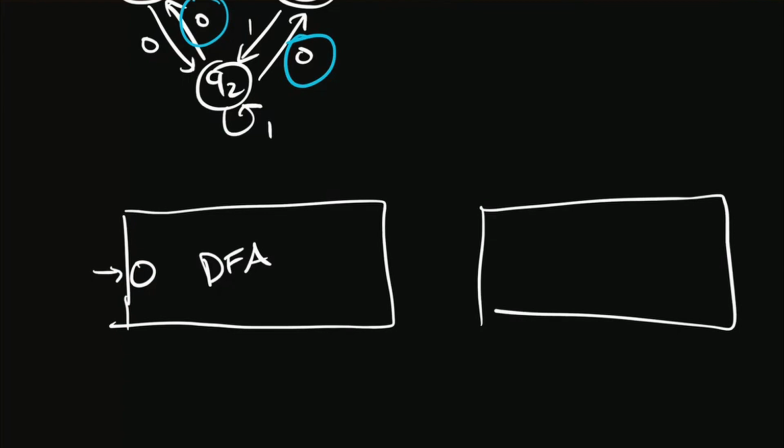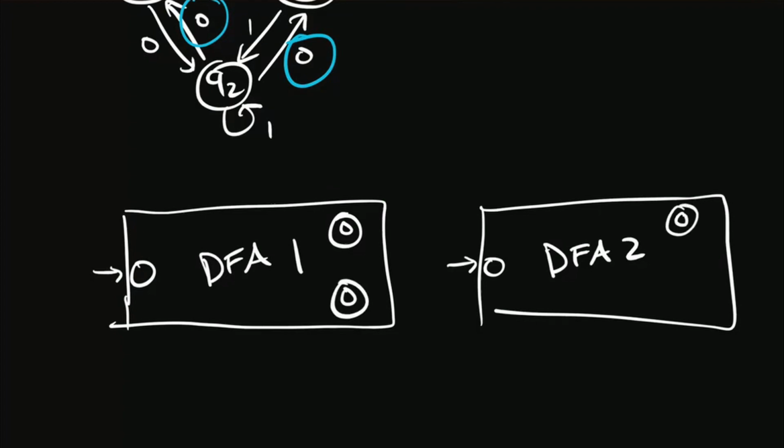Not necessarily to show that regular languages are closed under concatenation, but we can make an NFA for the concatenation. So let's say we have DFA1 over here and DFA2 over here. They can be NFAs, but it doesn't matter. Each of them has a start state, and just for example purposes, DFA1 has 2 final states, and DFA2 has 3 final states.